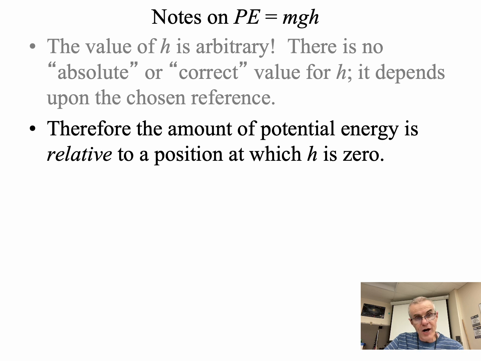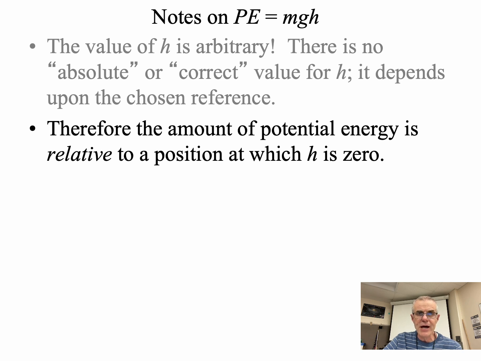Wherever we're measuring from, our number we calculate would be relative to that location. So the ball had 29 joules on a table. What that really means is it has 29 joules more energy being on the table than it would have if it were on the floor.